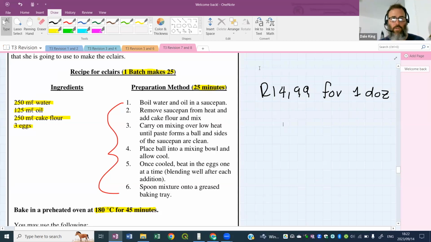Should take you a minute or two. Everyone can do this. We should see answers popping out in chat or thumbs up to say you're done. It should be quick. $14.99 for one dozen. How much will it cost for these 3 eggs in the recipe?